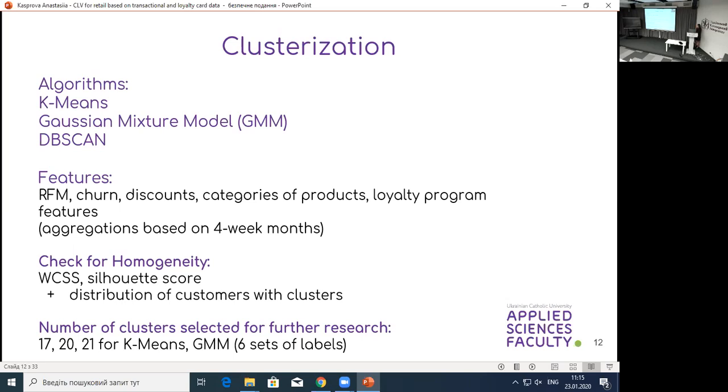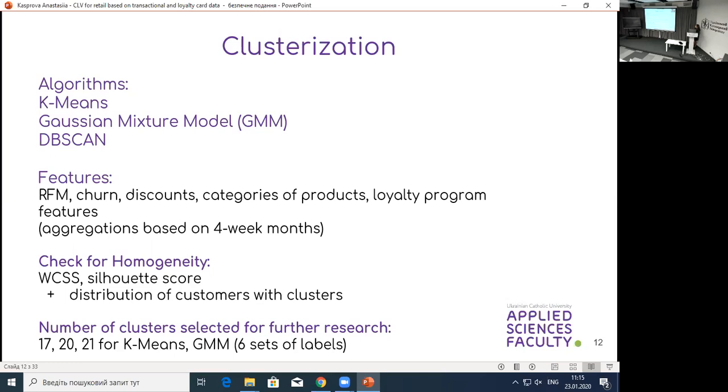There were no unique solutions, so from these 2 clusterization techniques, K-means and GMM, I decided to pick the top 3 with the best balanced distribution of customers within the clusters. The numbers of clusters selected were 17, 20, and 21.